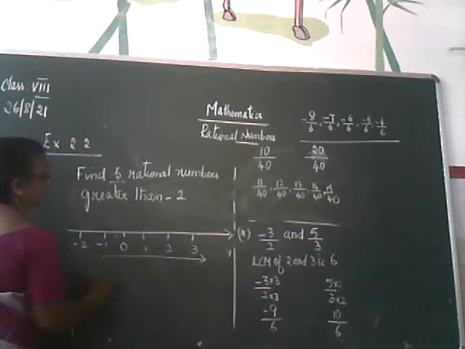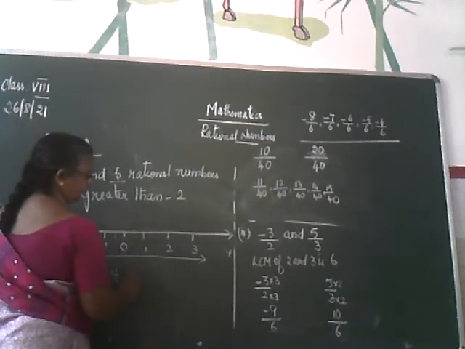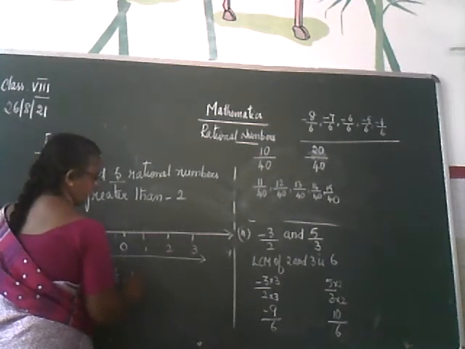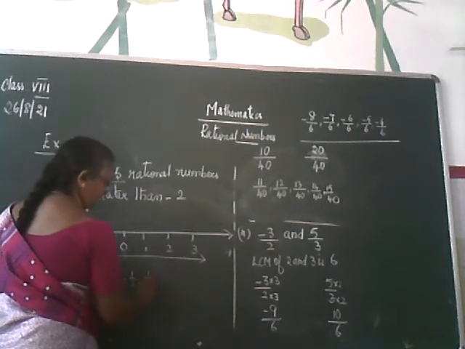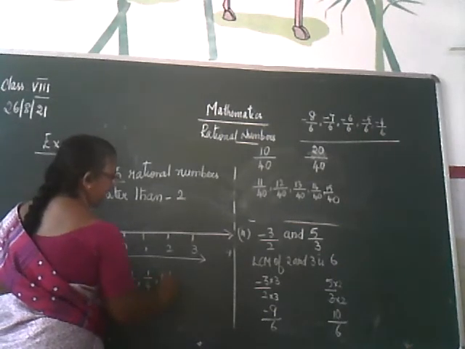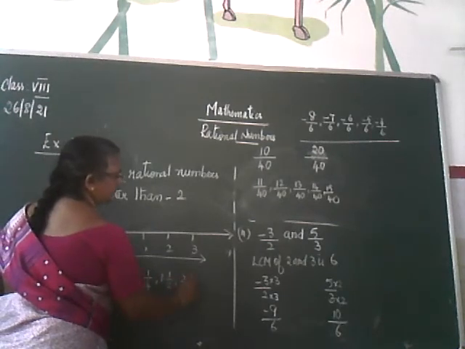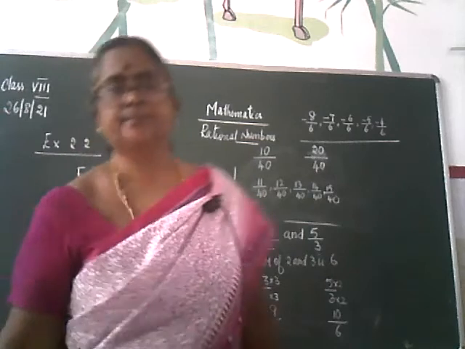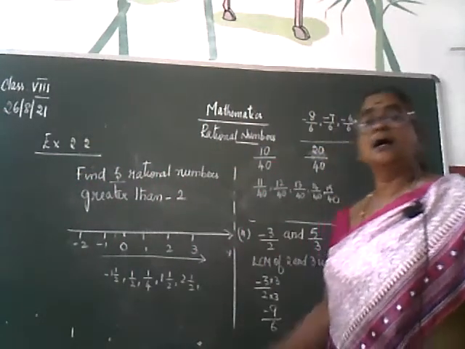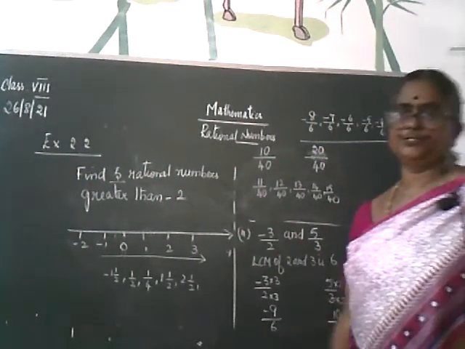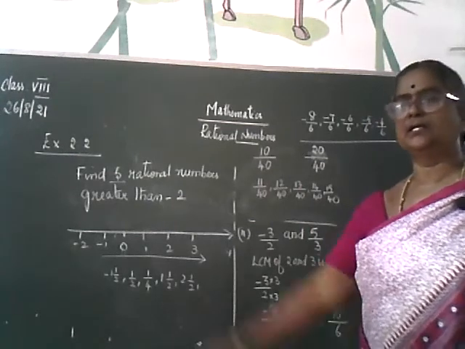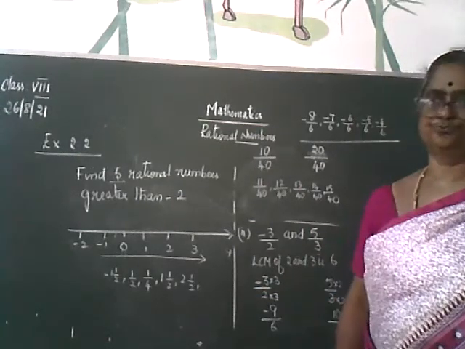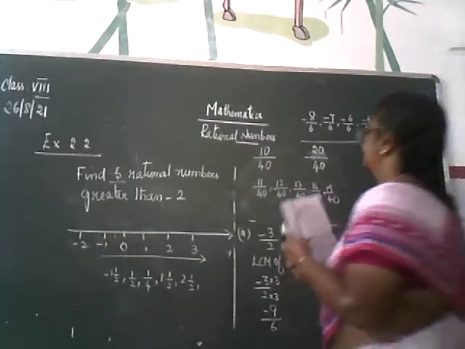You can write minus 1.5, plus 1.5, half, 1 by 4, 1.5, 2 and half, 3 and half. Any number of rational numbers you can write greater than minus 2. All are greater than minus 2. Understood?